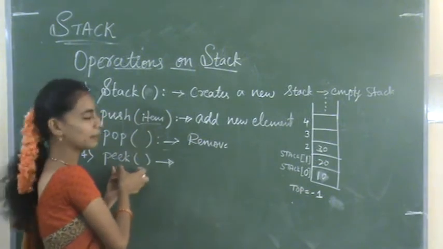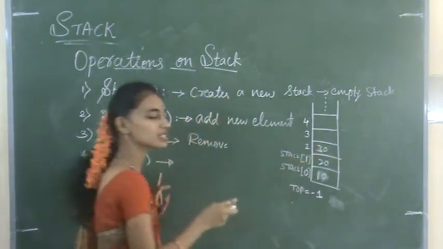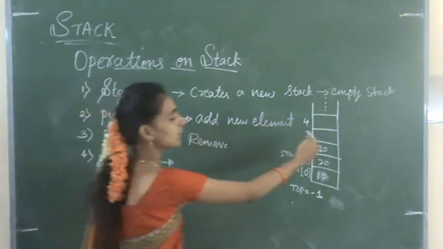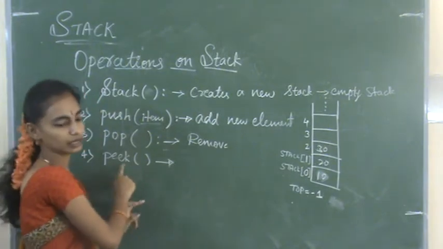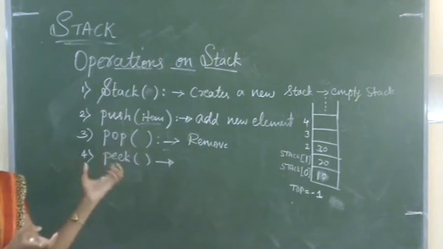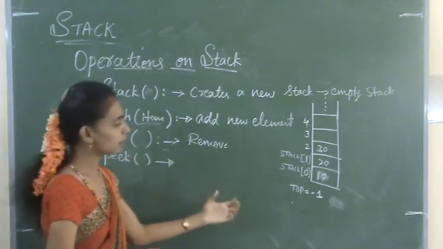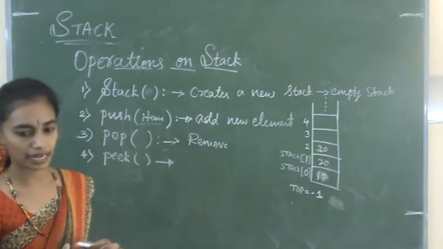If we use this peek function, it will return the value 30, which is the element at the top of the stack. So the peek function returns the top element from the stack.